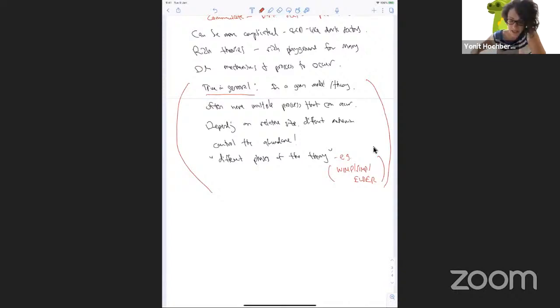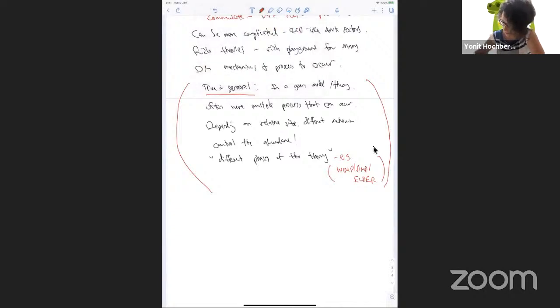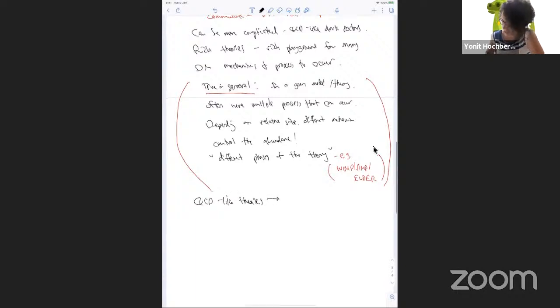Okay, and so for these rich theories that we're talking about, if I think of the particle content, in these QCD-like theories, just like in QCD, there's a whole bunch of particles.